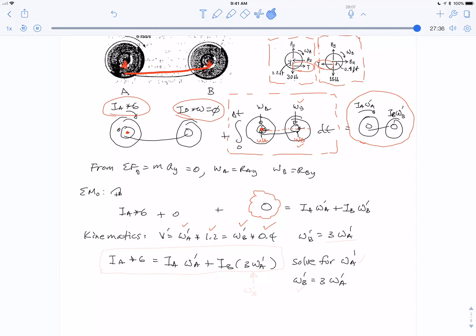And so you solve that, 0.4 times 3 is 1.2, so omega B is 3 omega A. And so all you have to do is put in for omega B prime, 3 omega A prime, and you can immediately solve this equation for omega A prime. Of course, you need to get I of A and I of B. I think they give you the radii of gyration for both of those. Okay, and once you solve for omega A prime, 3 times that is omega B prime, and you're done.